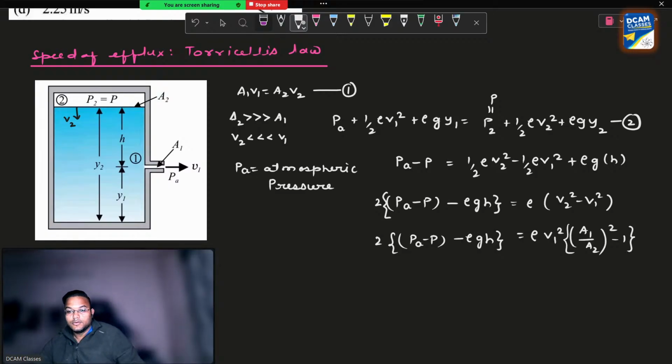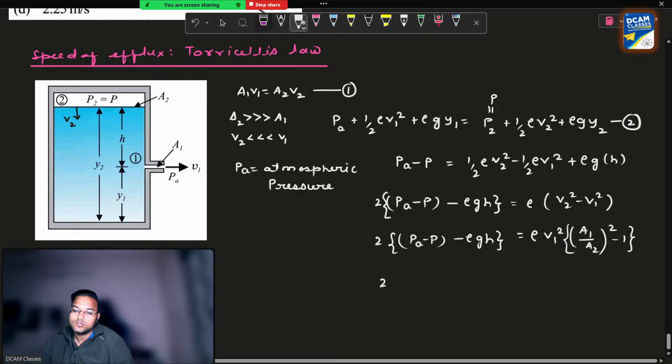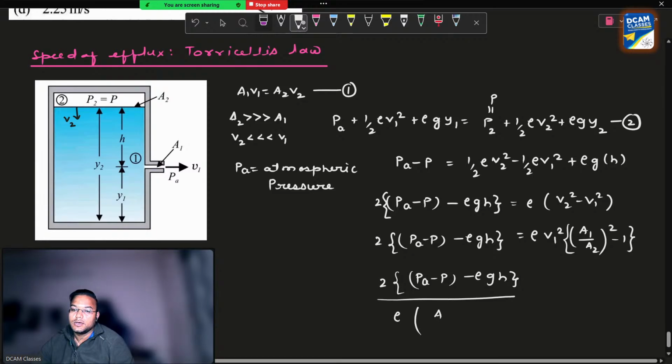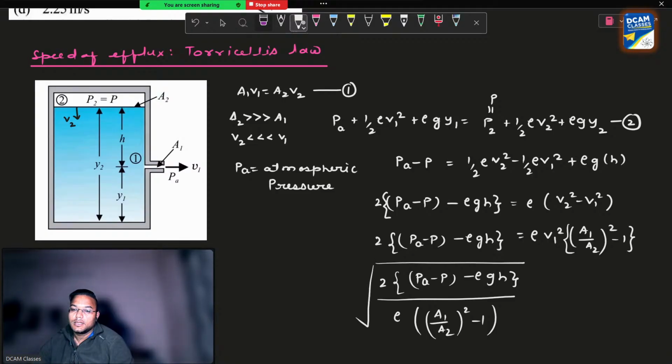So now what relation am I getting? The square root of 2 into (PA minus P minus rho G H) divided by rho into ((A1 by A2) whole square minus 1) is equal to V1.